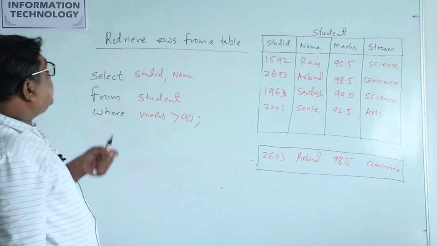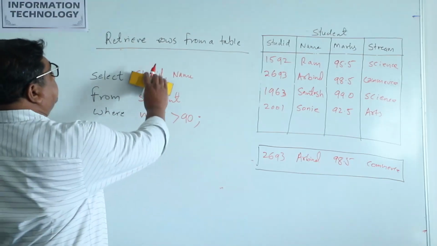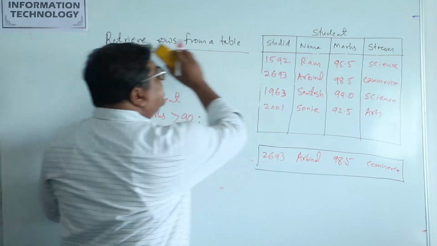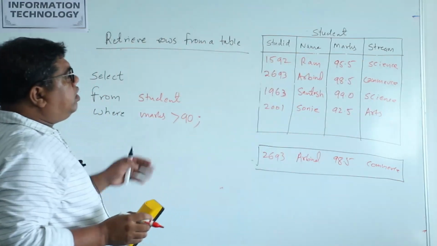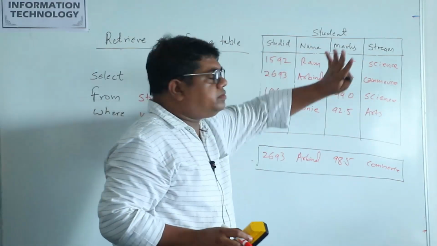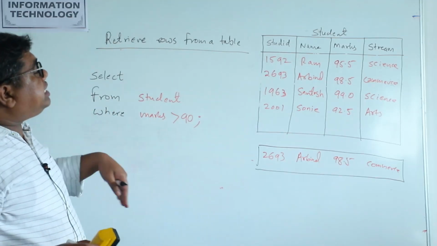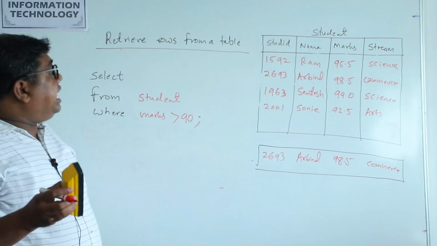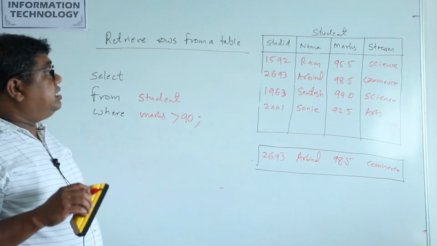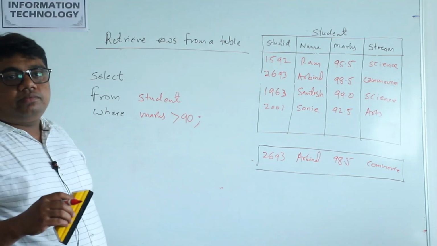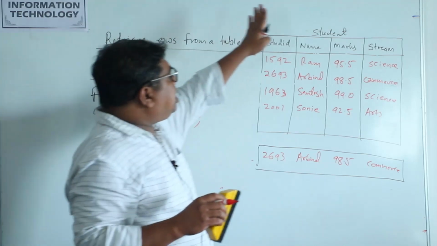Suppose I want to display all the information, all the columns, whose marks is above 90 and stream is commerce.